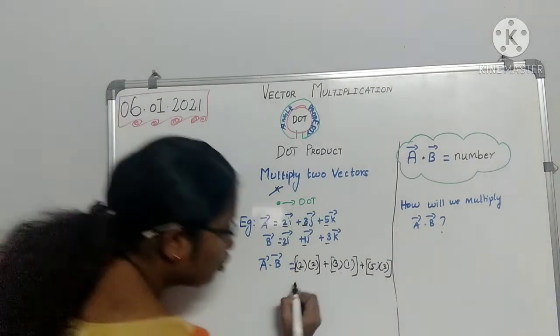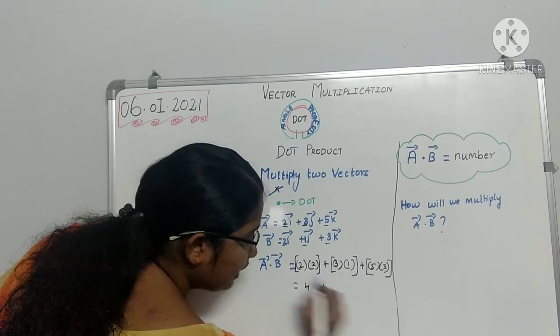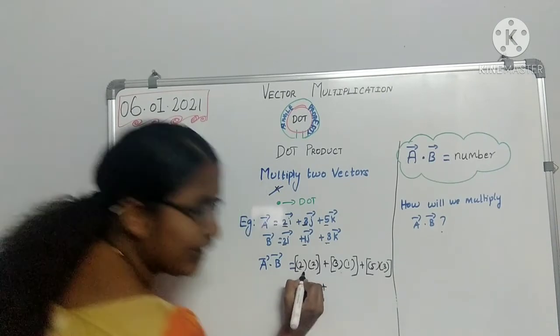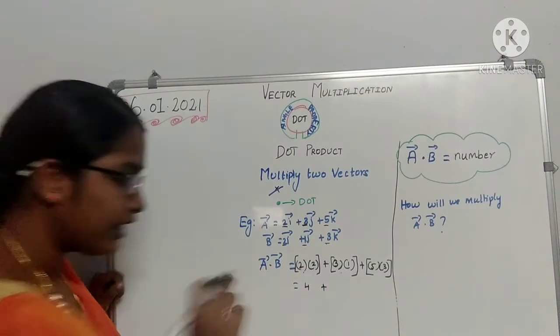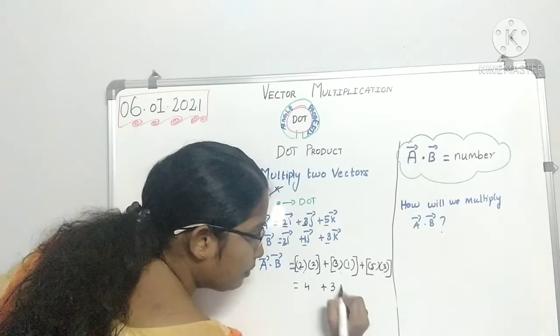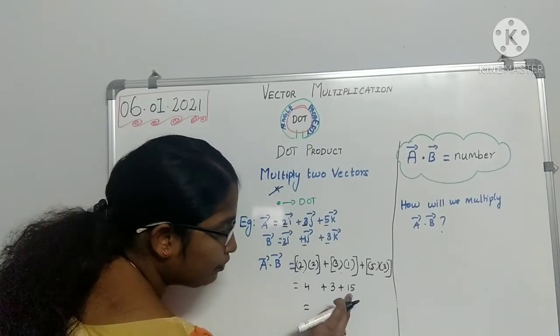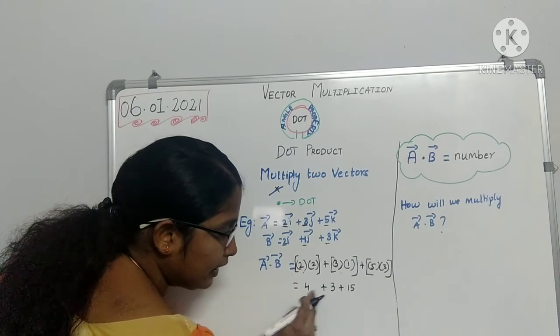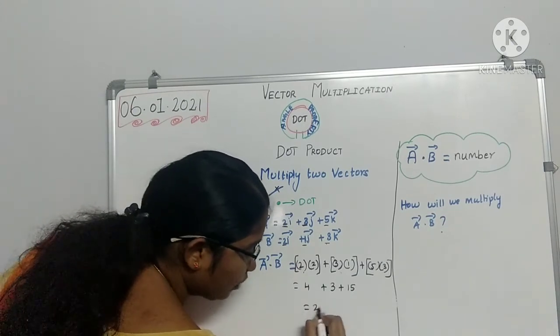So 2 2s are 4, plus 3 1s are 3, plus 5 3s are 15. So 15 plus 4 is 19, 19 plus 3 is 22, right?